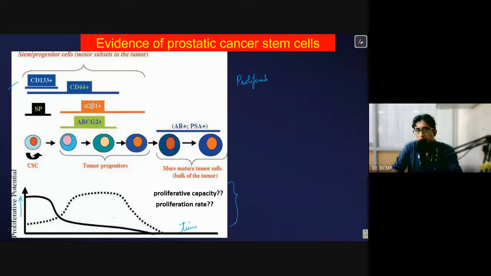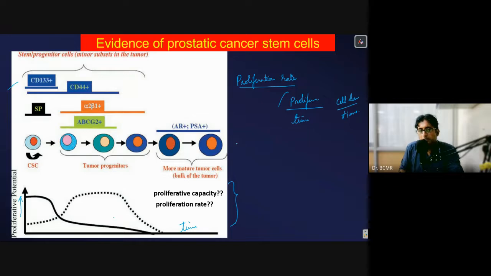Proliferation rate means proliferation by time. In a given time, how many times can a cell divide? Cell divisions per unit time.